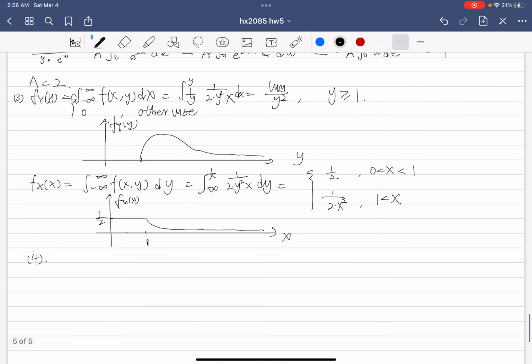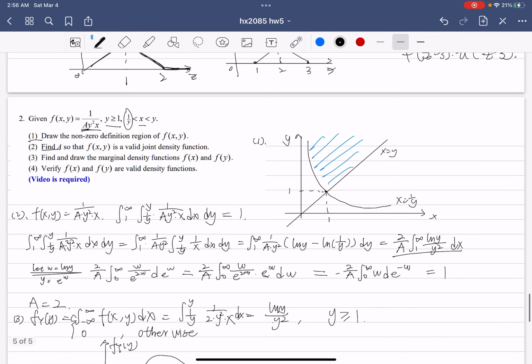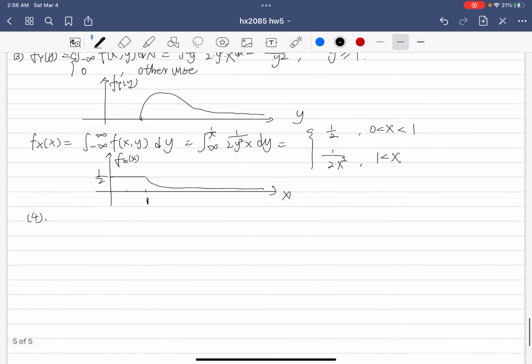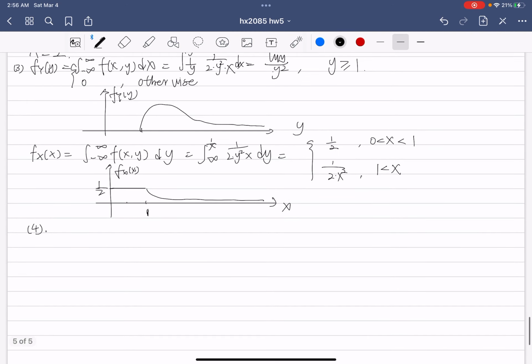The last part, we need to verify fx and fy are both valid density functions. We need to calculate the integral from 1 to infinity of fy dy, which equals the integral from 1 to infinity of ln y divided by y squared dy, equals 1, so that is valid.